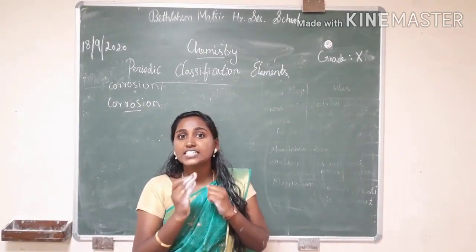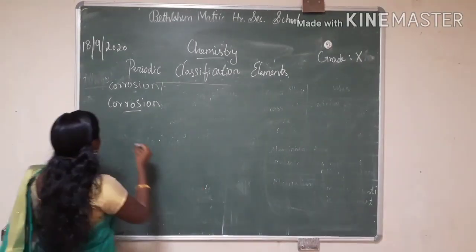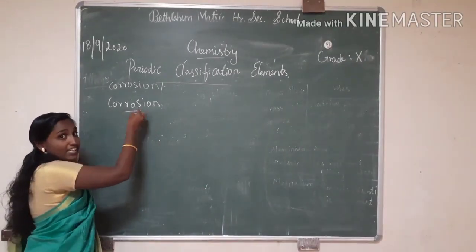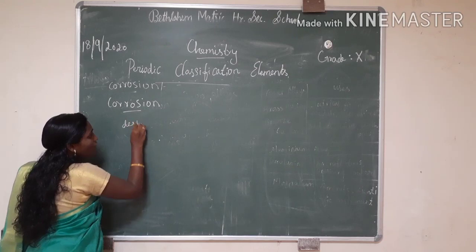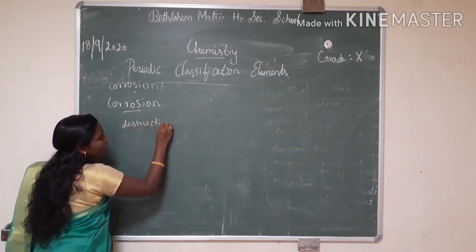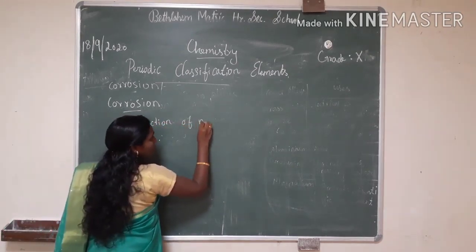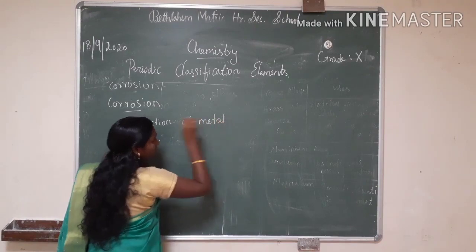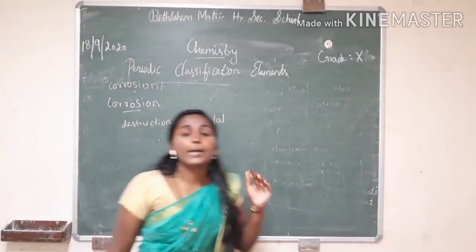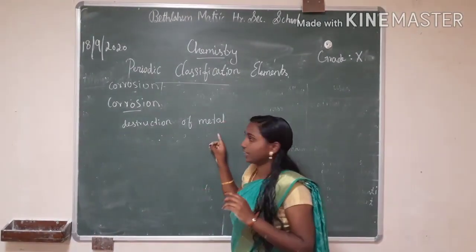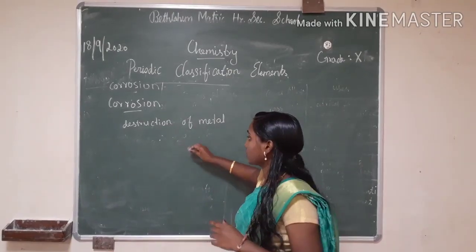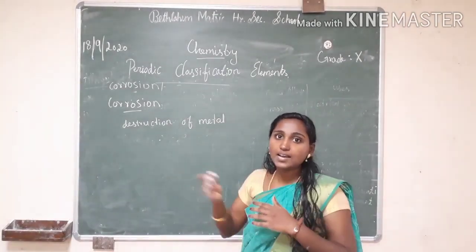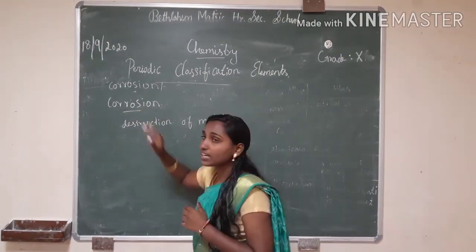Here corrosion means gradual destruction of metals by chemical or electrochemical process with the environment. Slowly destructing the metals is called corrosion.